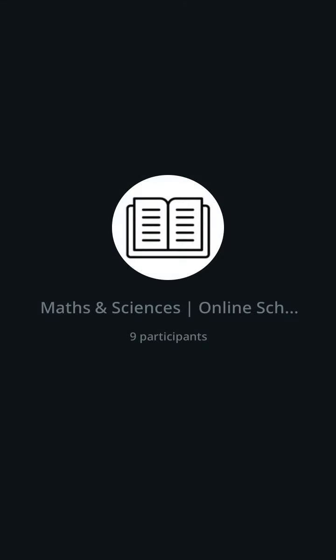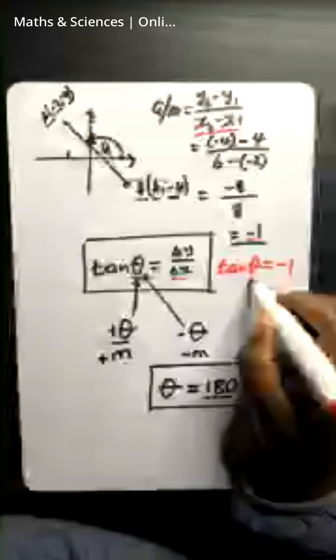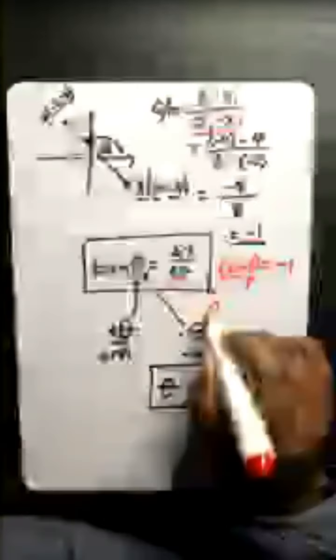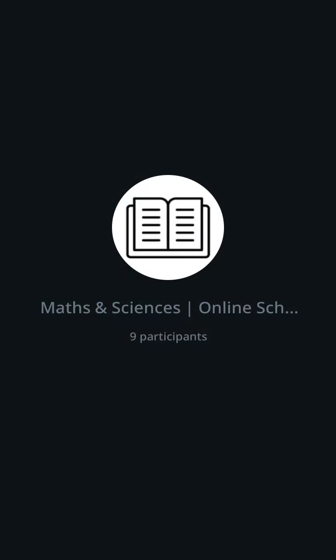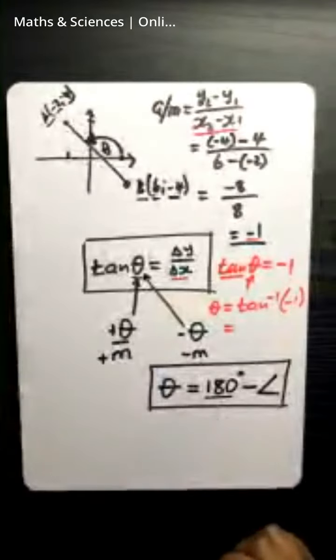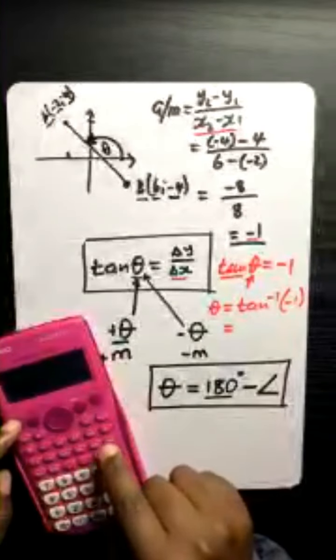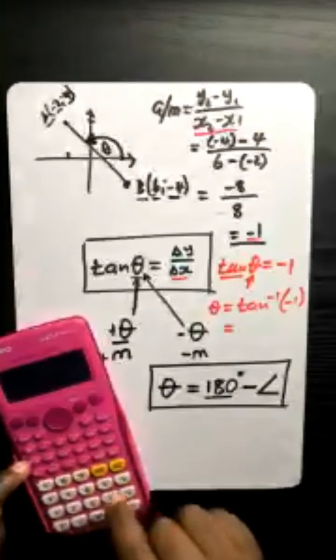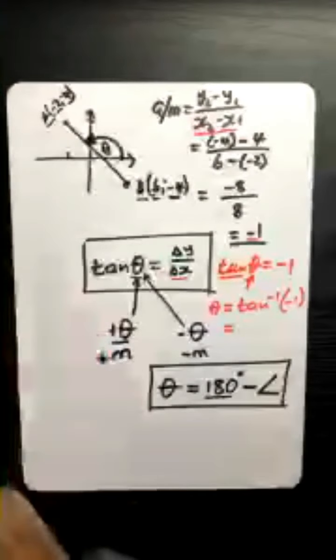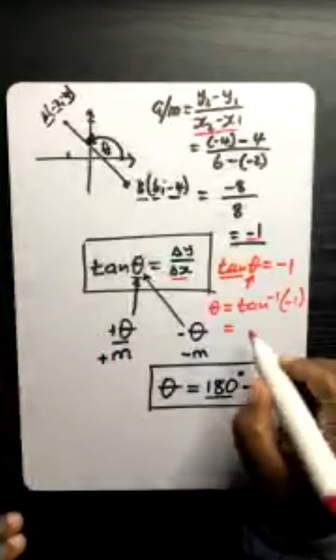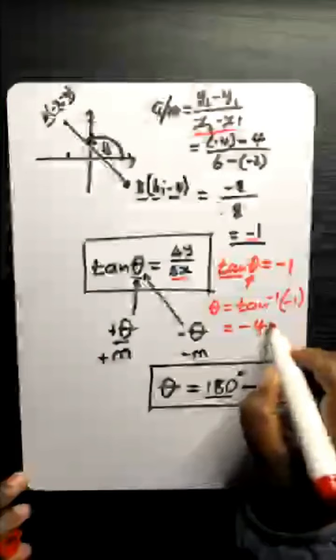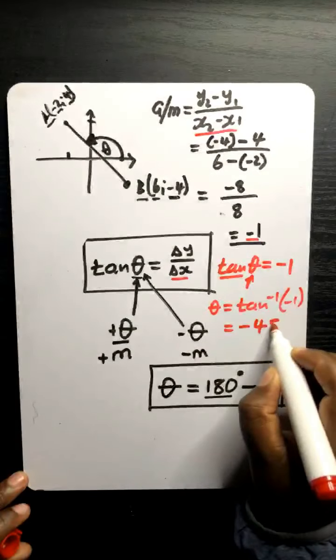So for you to calculate that, you need to do the same inverse tan function, which means it is going to be a function of negative 1. When you punch a negative value, what are you guys getting there? It's -45. Let me quickly do it on my side also. Let's see what we have in shift tan.